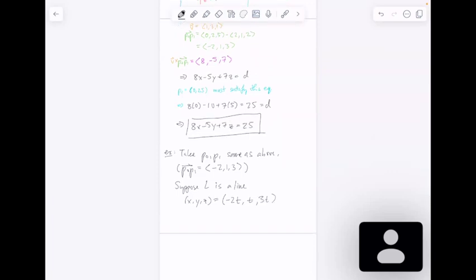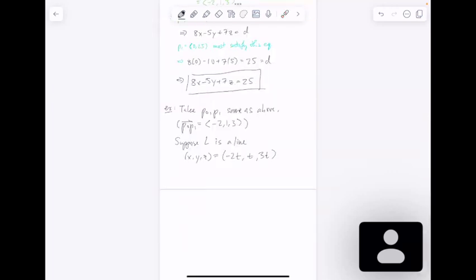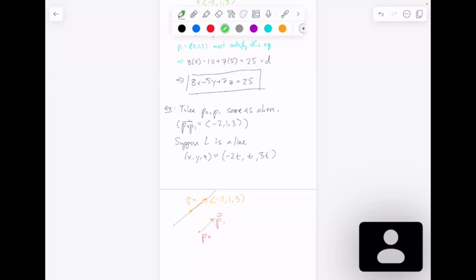Okay, so this is a line with a direction vector exactly the same as our displacement vector P0, P1. I now have a line here, a similar thing as before, but this is now my L with direction vector V equal to minus 2, 1, 3. And then I have 2 points here, P0 and P1, which are off this line, but they also share the same direction vector. They're parallel to each other.